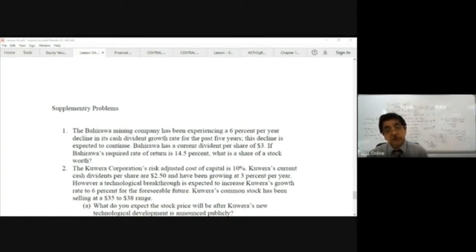Now, when you get an answer, try to put it to the nearest 2 decimals, because this is about a price, no? So therefore, it should be to the nearest 2 decimals. I think the most correct answer would be 13.76, not 13.75, because you will get an answer like this: 3 into 0.94 divided by 0.205. 13.756 you get.